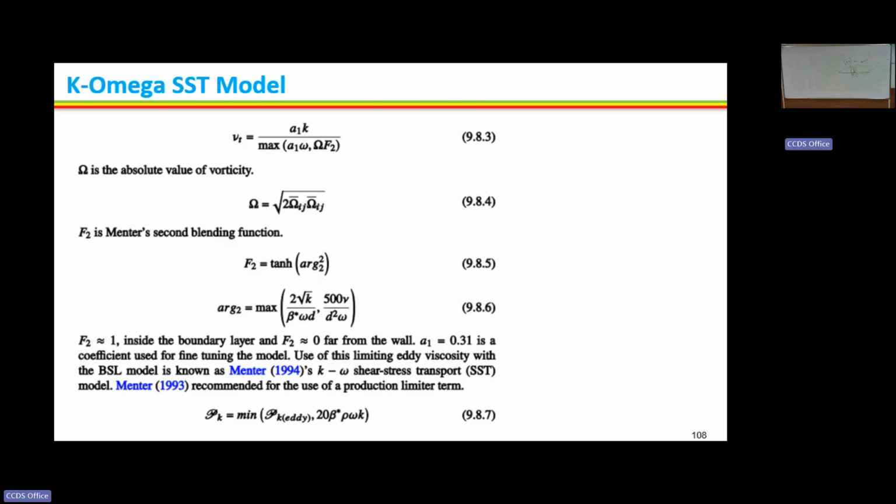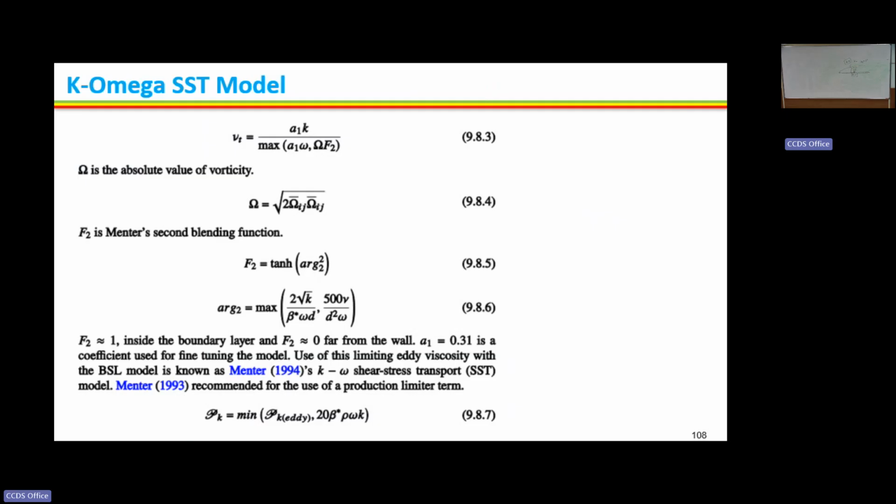This model is widely used in the turbulence community. It is well respected because it blends a function that goes from the wall to somewhere in the core, and it reproduces the ideal results equivalent to k epsilon at the core and k omega at the wall.